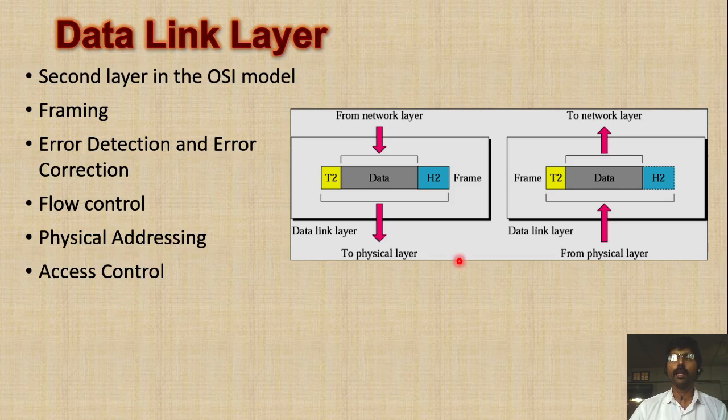Whenever you are connecting computers in a network, the same link is shared by many computers. Then the data link layer decides which device has to transmit on the physical medium. That is, access control is also done by the data link layer.